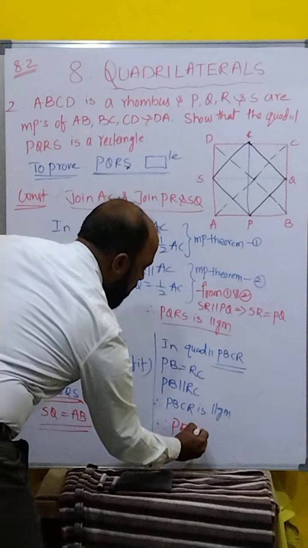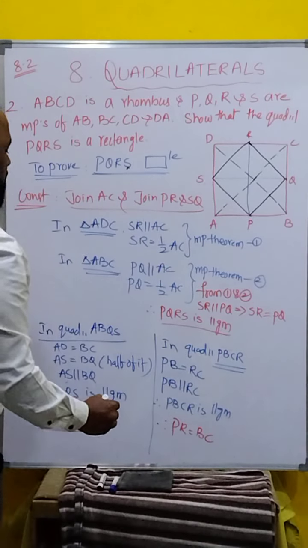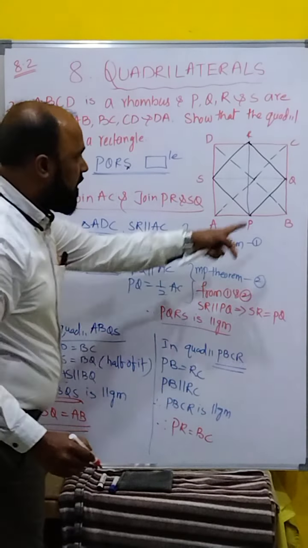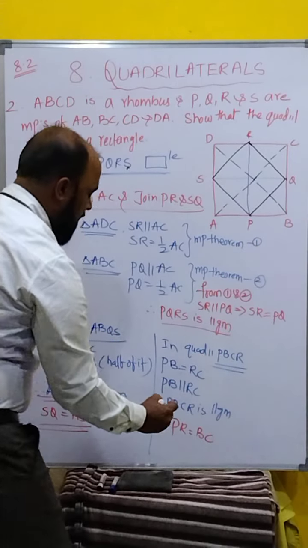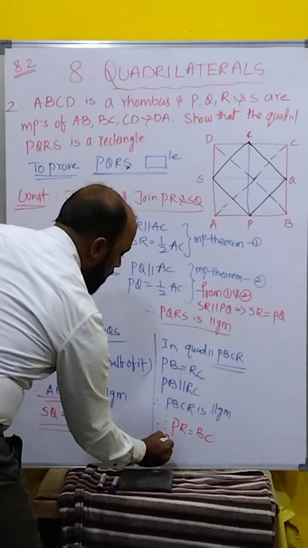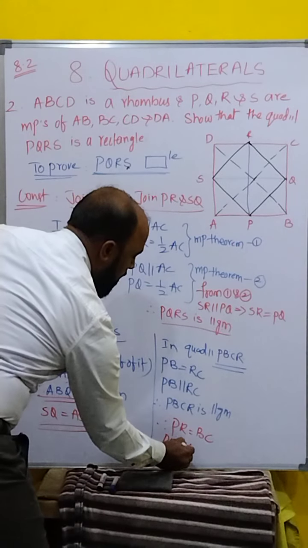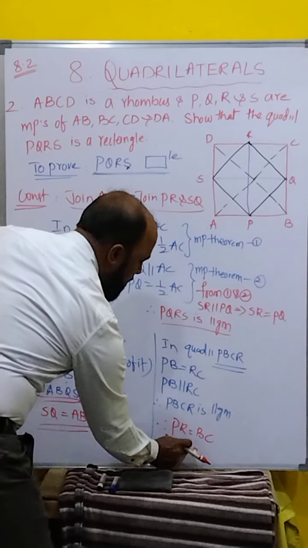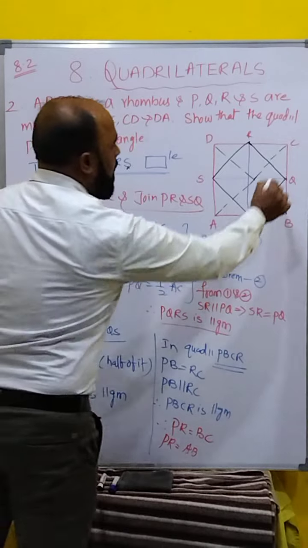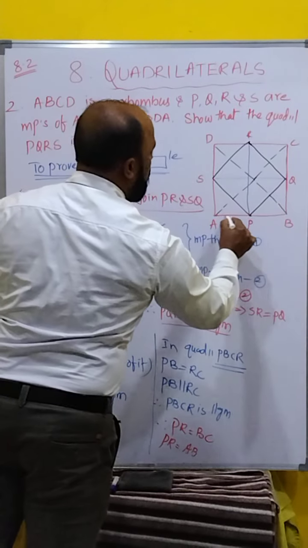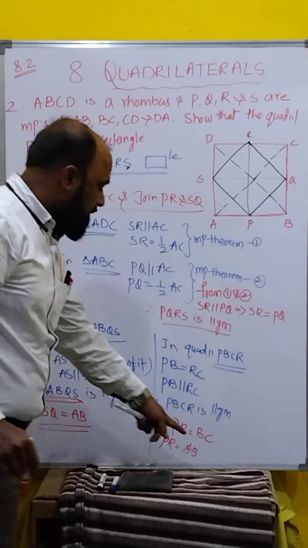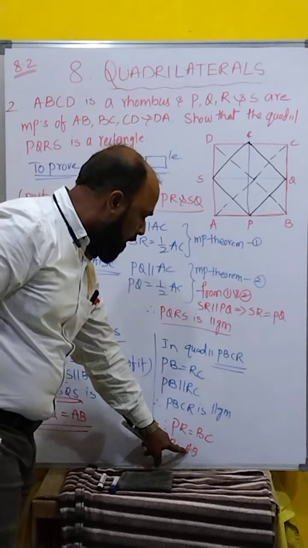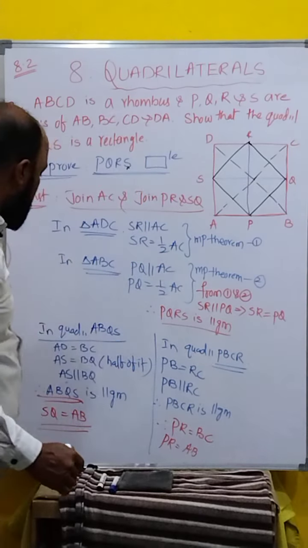Then in the place of BC, we know BC is equal to AB because it is a rhombus, all the sides are equal. So PR is equal to AB.